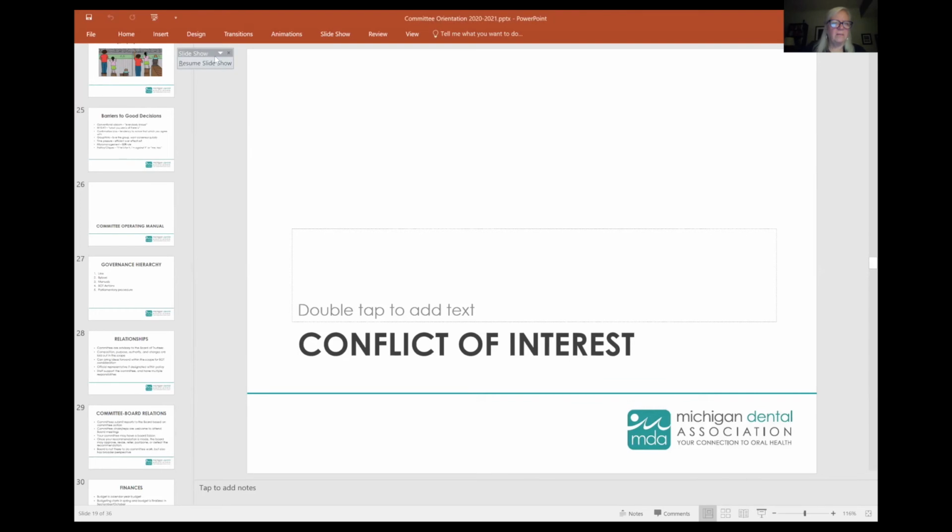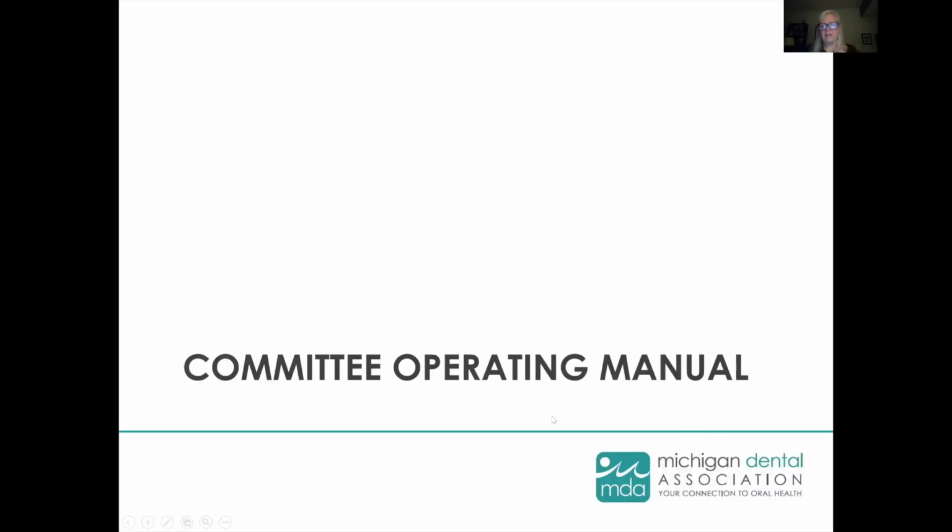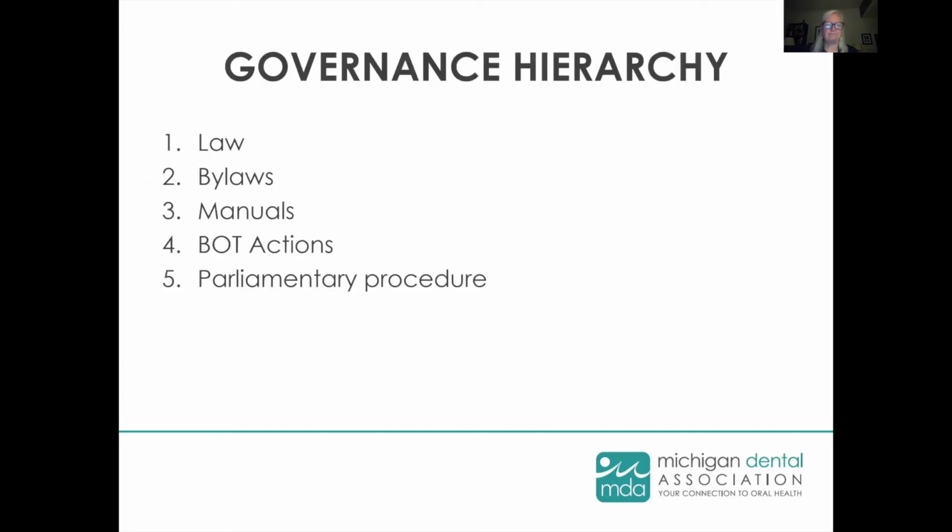We're now going to talk about the committee operating manual, and this is the point where we're really getting into more of the committee stuff. When it comes to what committees and boards have to abide by, obviously the most important thing is the law. We're not allowed to break the law. Law is numero uno. Bylaws are next, then any policy that has been adopted in the manual.